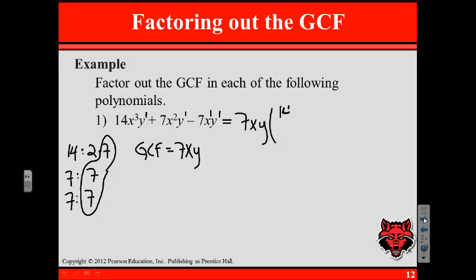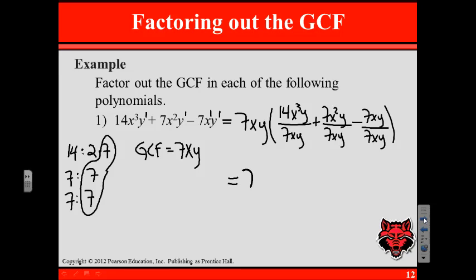So we have 14x cubed y over 7xy plus 7x squared y over 7xy minus 7xy over 7xy. So this becomes 7xy times, and let's divide each term. 14 divided by 7 is 2, x cubed divided by x is x squared, and y divided by y, those cancel.